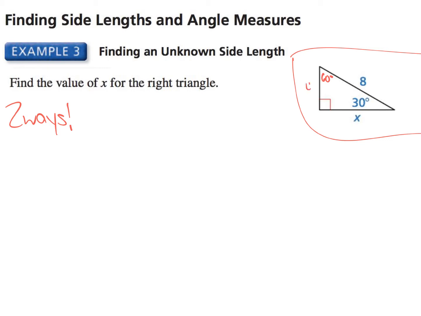So that means this is 4. And then what is across from the 60 is the 30 measure, so that would be 4 times root 3. So literally in that moment, I just solved what that angle is.